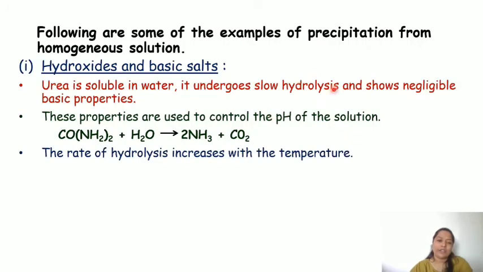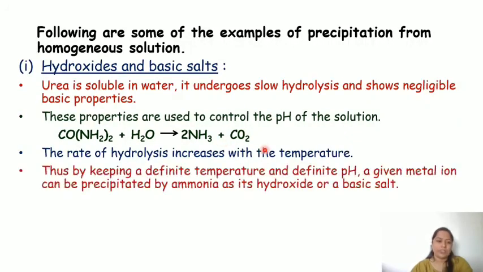The rate of hydrolysis increases with temperature. Thus, by keeping a definite temperature and definite pH, a given metal ion can be precipitated by ammonia as its hydroxide or basic salt. It is the example of homogeneous precipitation. Here, generally urea is used to form the precipitant within the solution. Urea is soluble in water.